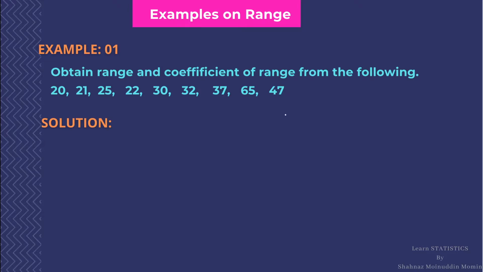In case of individual data, we shall first find the largest value from the data. L equal to largest value. See, in the data the largest value is 65. So L is 65.